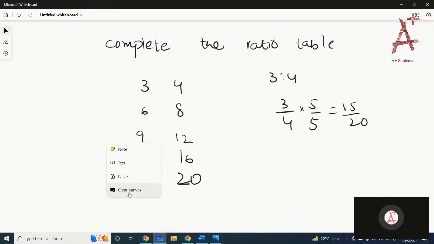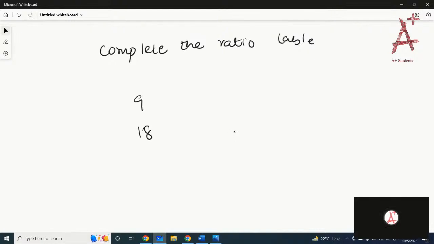Okay, the next one is complete the ratio table. It would be 9, 18, the missing number, 36 and 45.